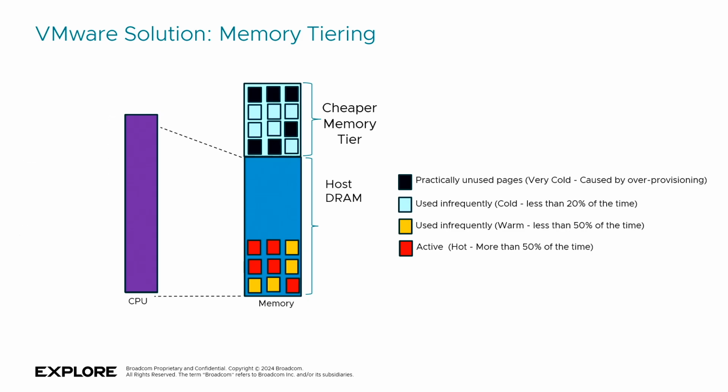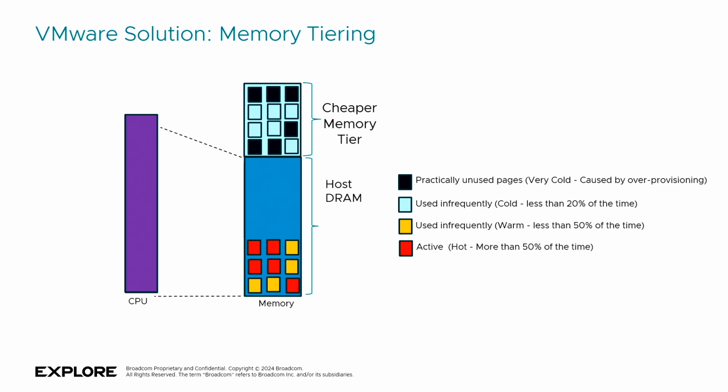The effect of this is we end up with a lot of host DRAM capacity. Remember, at the beginning of this presentation I said a lot of customers have fully consumed memory. Now this is what we are doing: we are making sure that there's enough memory capacity available on the DRAM itself.